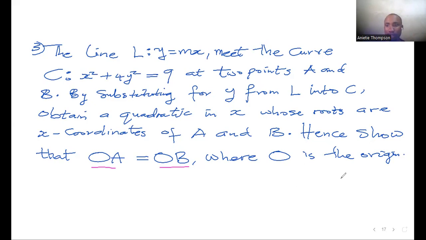So I would like to start this problem like this. We have the solution. We have the line L, which is y equals mx. We have the curve C, which is x squared, I think, plus 4y squared equals 9.